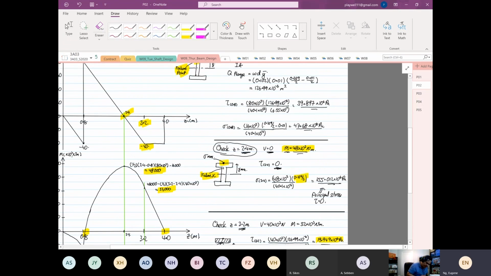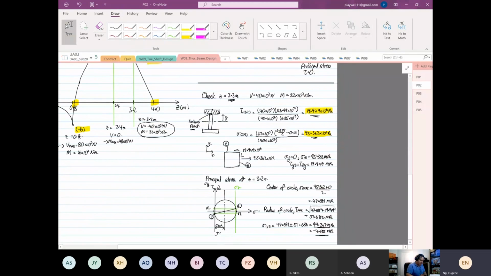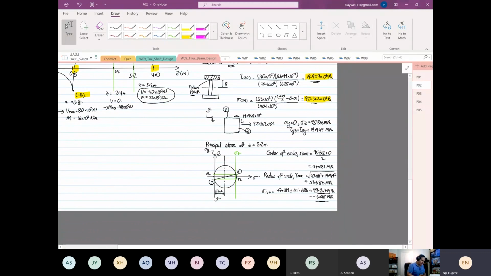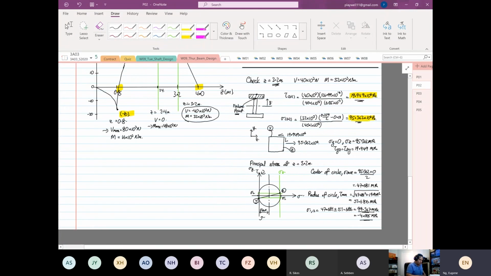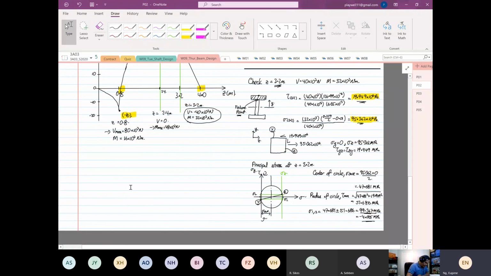For this case, we calculated also the normal stress is higher than the shearing stress. However, your structure can fail in shear. I will explain why your structure will fail in shear in a lecture next week.